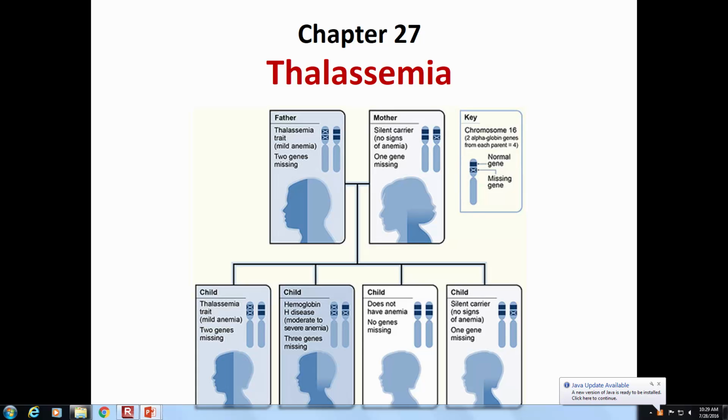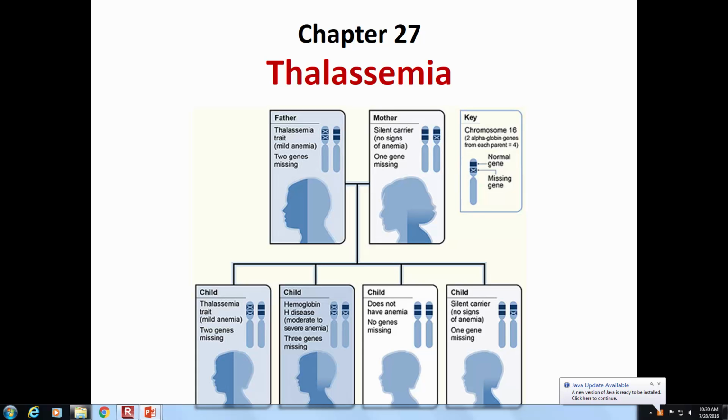Let me take you back here. It all depends on whether these two that are going to have the mutation are alpha 1. Alpha 1s only produce 25% of the protein. Or they're going to be alpha 2s. Or one of them is going to be alpha 1 and one of them is going to be alpha 2. You see how complex it can become. It becomes very complex regarding the symptoms.